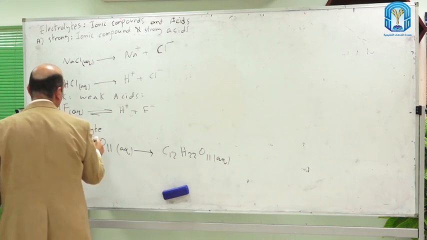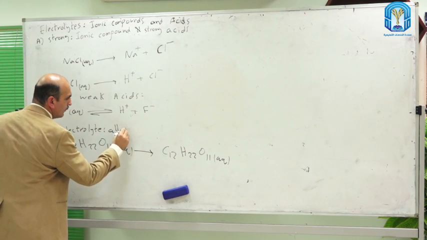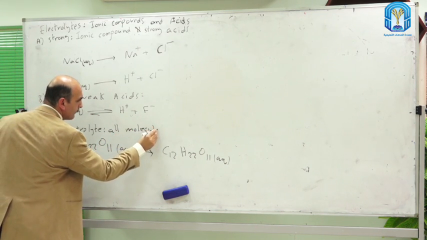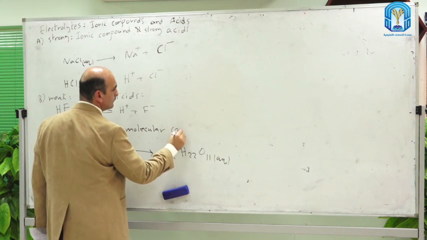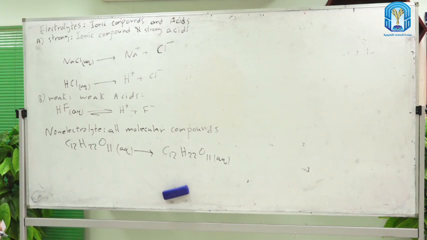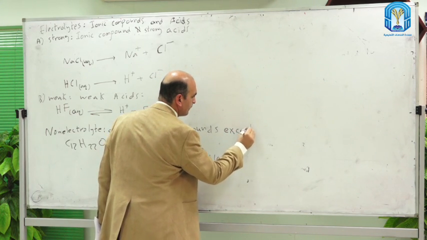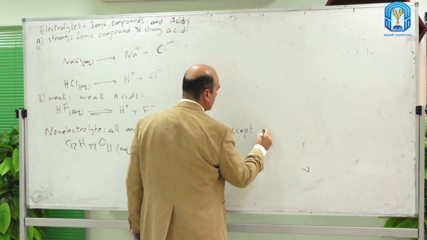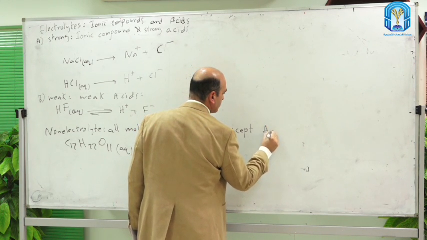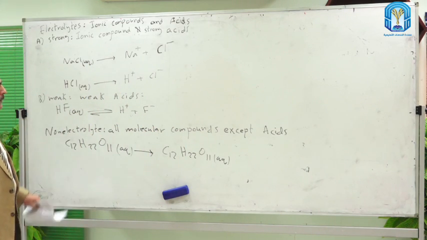So the non-electrolytes are all molecular compounds, كل المركبات الجزيئية, except, as we see, the acids are also molecular compounds, so we say except, ما عدا, acids, which includes strong acids and weak acids.